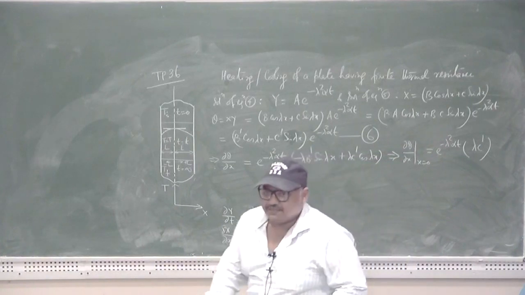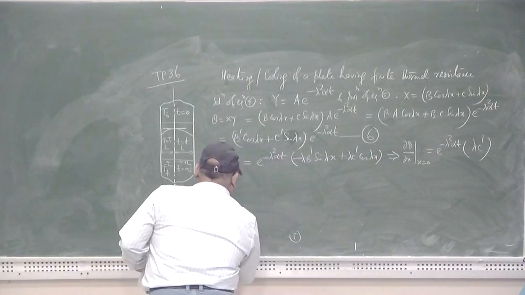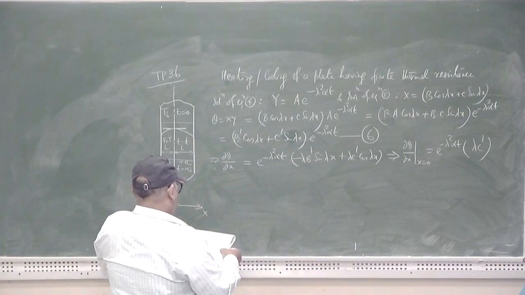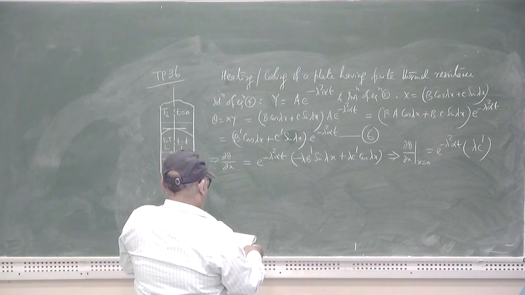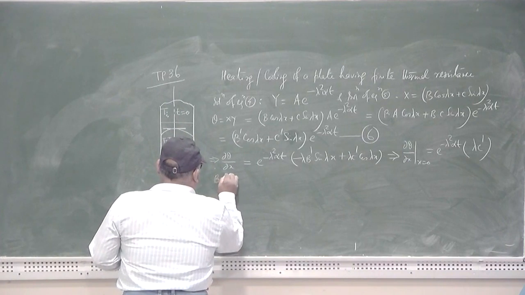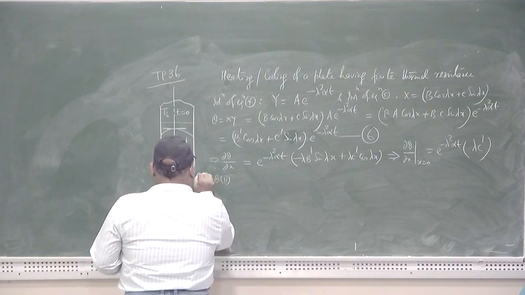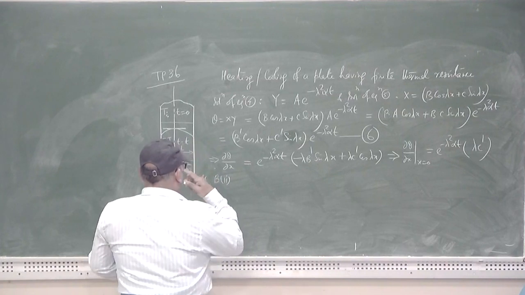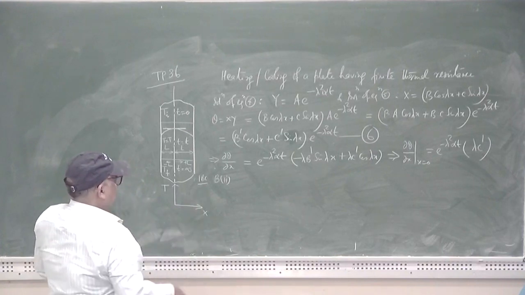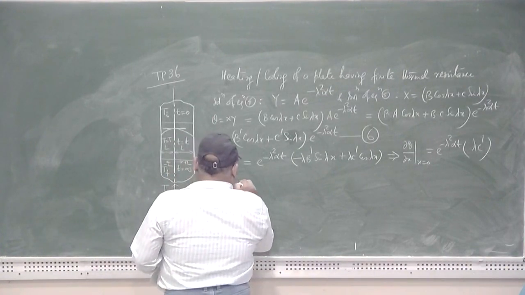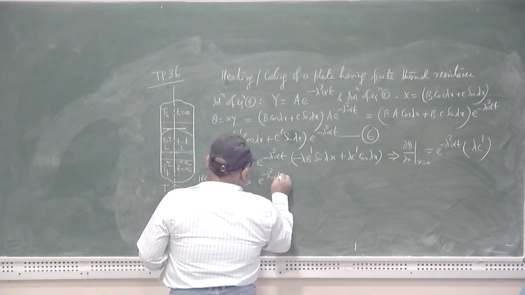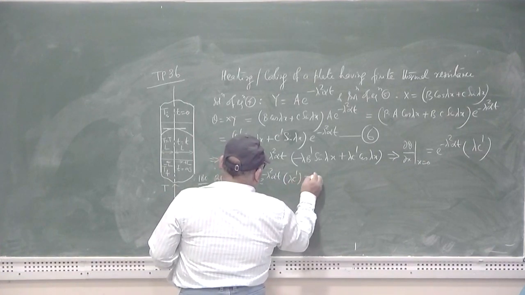Now putting the boundary condition B2, what was that? At x equal to 0, ∂θ/∂x equal to 0. Imposing this boundary condition here, we can write e to the power minus lambda square alpha t into lambda c dash should be equal to 0.